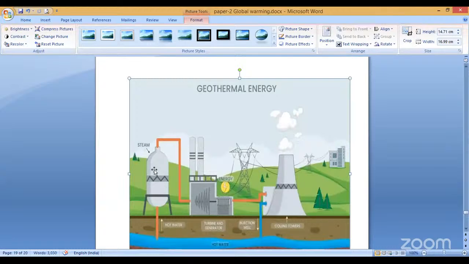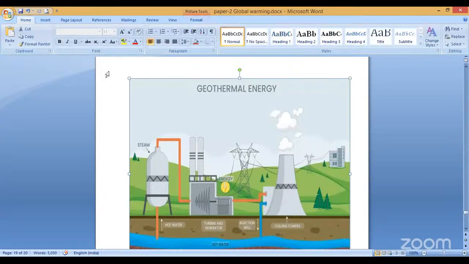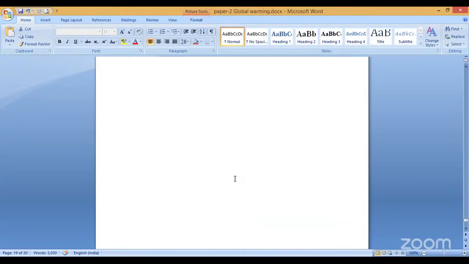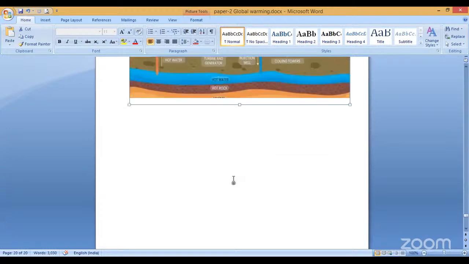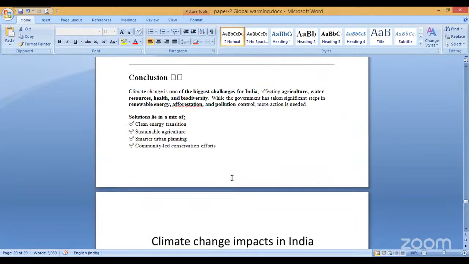So it is the steam, the hot water, then the turbines and then the generator. That is the production well, and that is the cooling tower. Like this, geothermal energy will be produced.